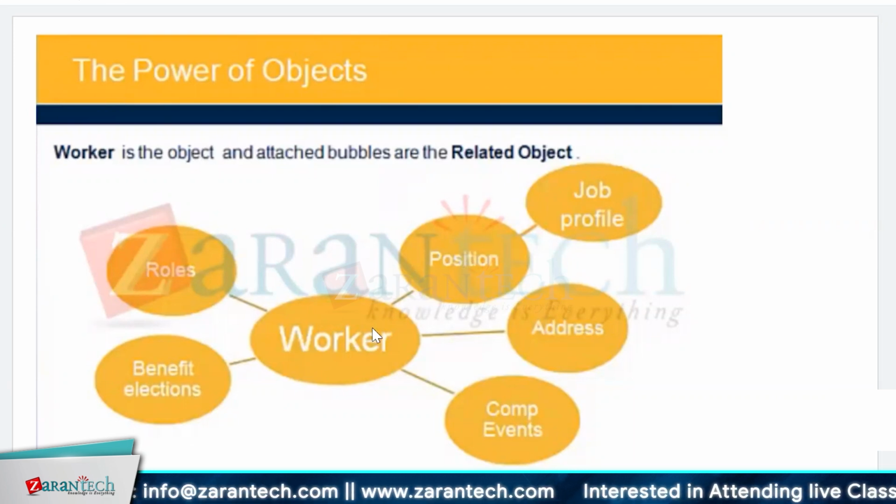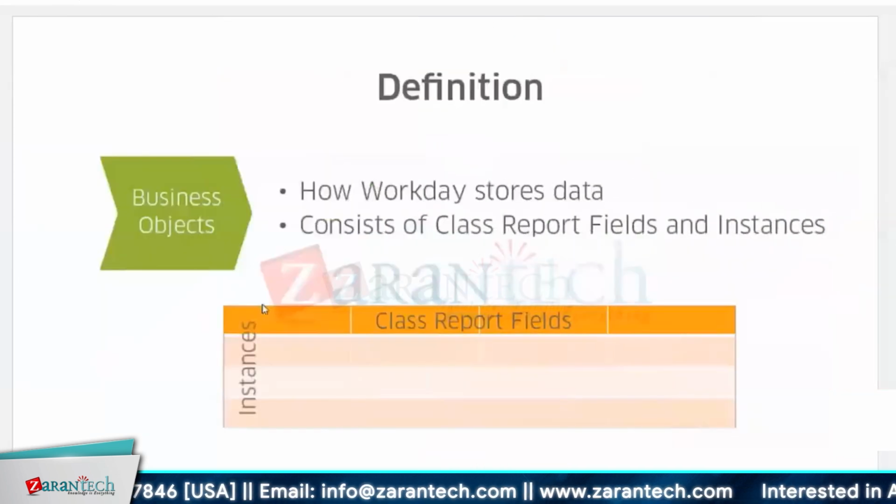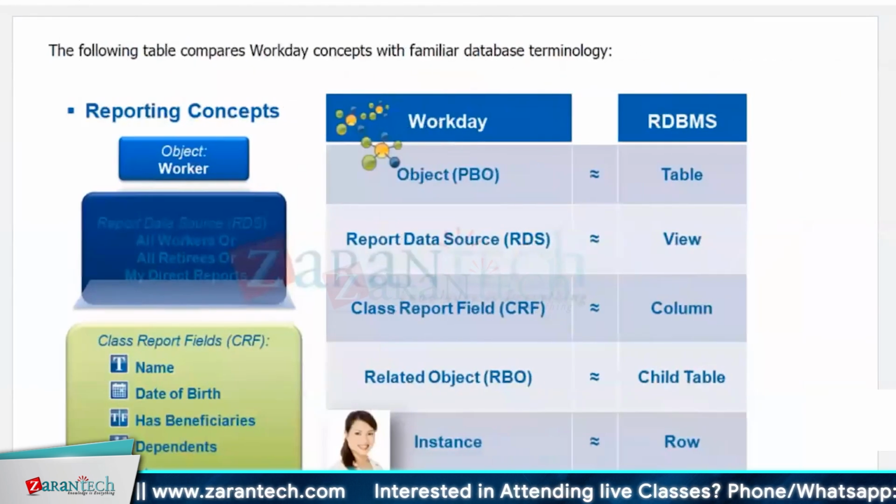When you're doing advanced reporting, you can only have one data source, and it can only have access to one kind of business object, but then you can hop over to another data source in an advanced report and look at other details that tie into the worker business object.